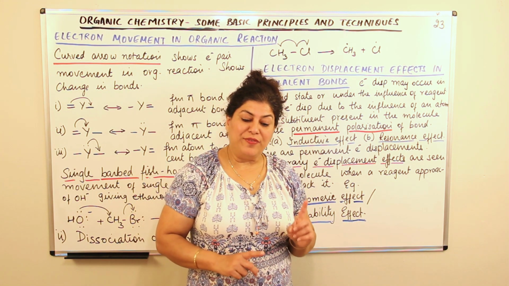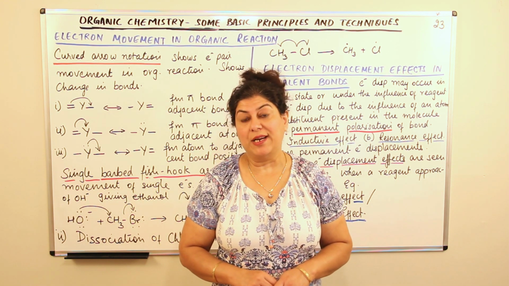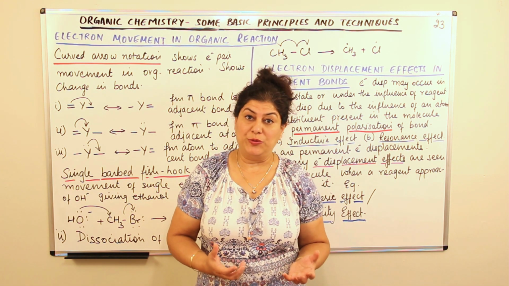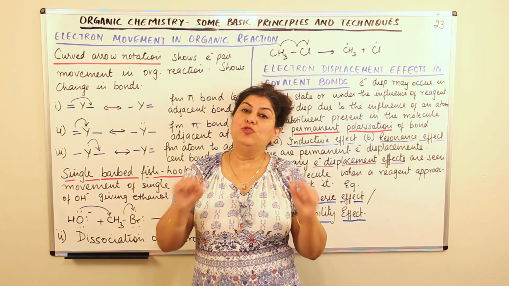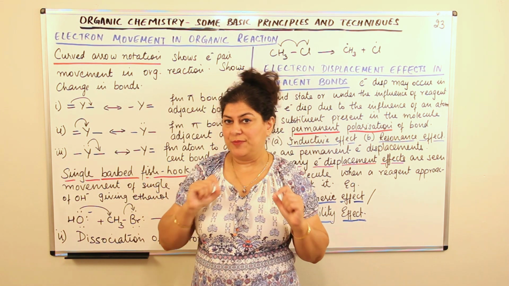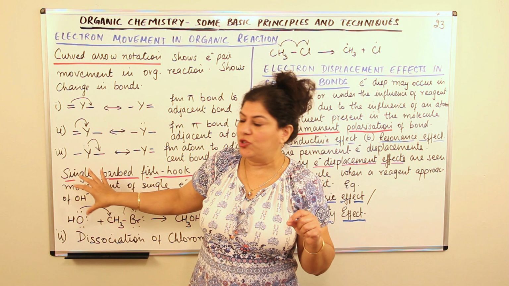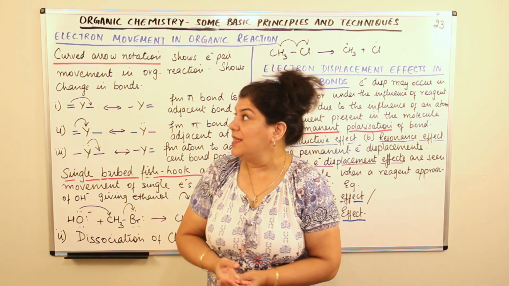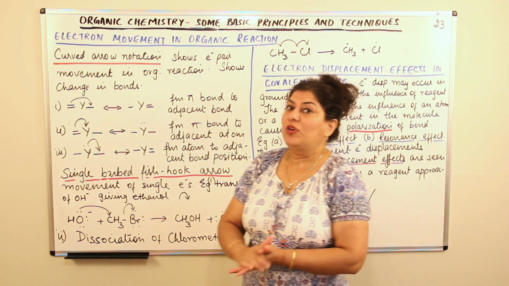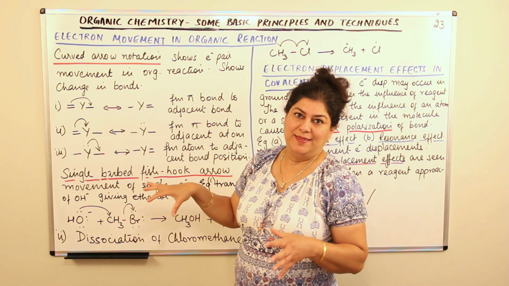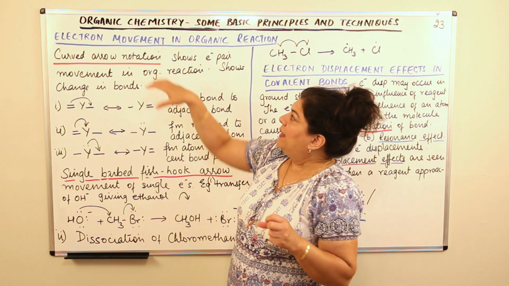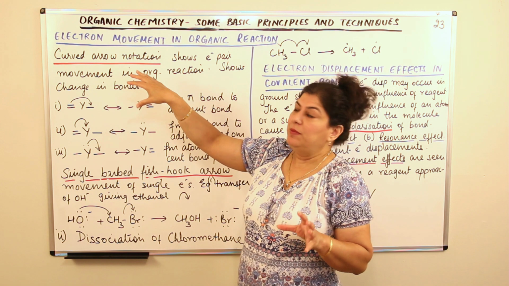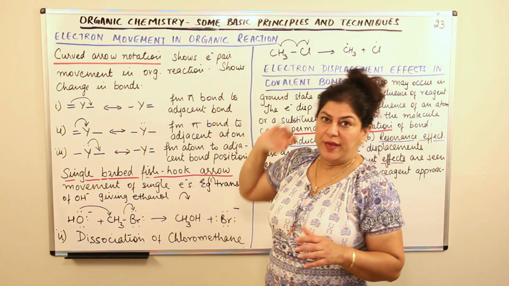We have been doing the fundamental concepts in organic reaction mechanism in the past few videos. In this video, I'm going to do two small subtopics. Although I have covered this portion in the parts before this, yet it is important to explain this properly now. The first subtopic that we will be doing is electron movement in organic reaction.